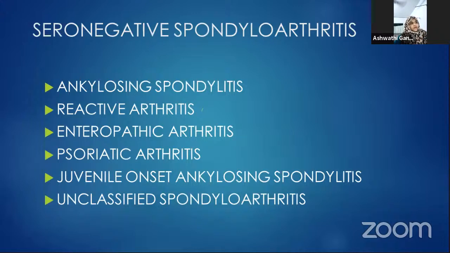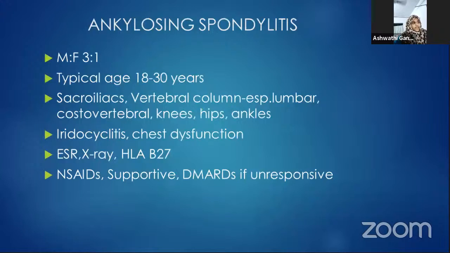Then seronegative spondyloarthritis. As the name suggests, these all affect the vertebrae. Ankylosing spondylitis, reactive arthritis, enteropathic arthritis, psoriatic arthritis, these all come under this group. Ankylosing spondylitis is seen in males, contrary to other conditions we have discussed. This is more common in males and typical age group less than 40 years.